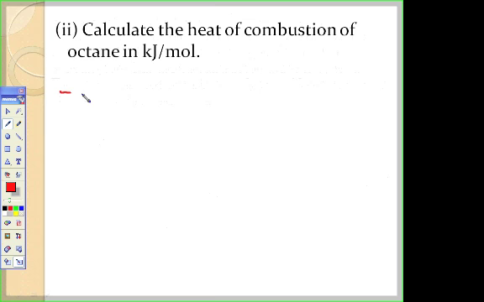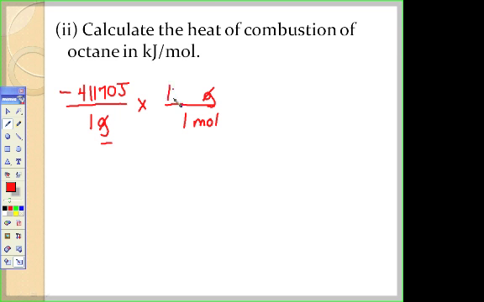Now, you can do this in 2 separate steps like I did last time, or we can set it up as one step. The process released that many joules for 1 gram. Now, you can convert that mass to moles separately and then divide, or you can put it all in the same dimensional analysis. I want to eliminate grams. They were in the denominator, so I put them in the numerator.